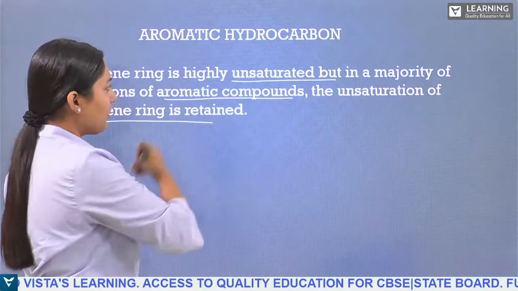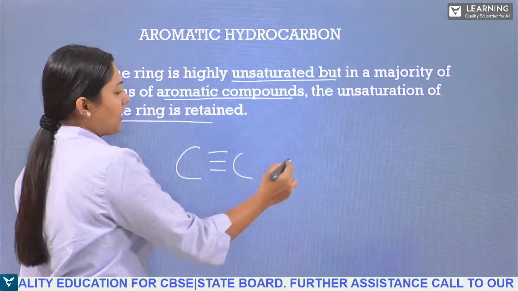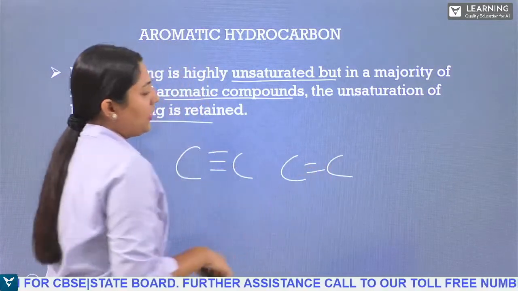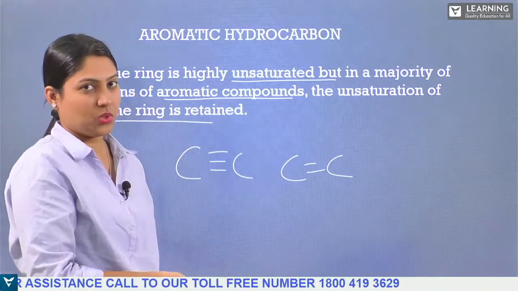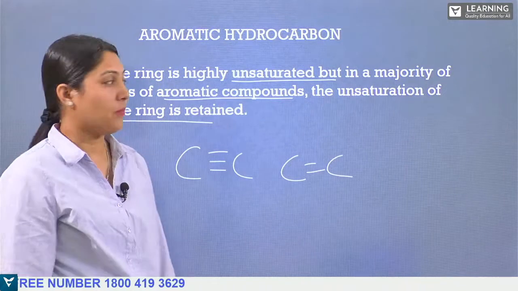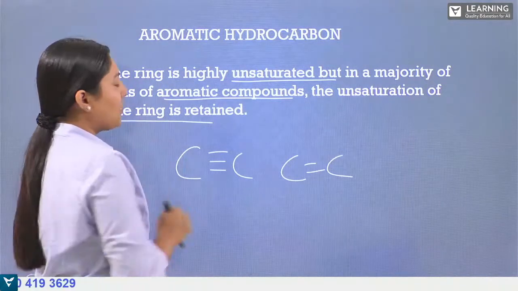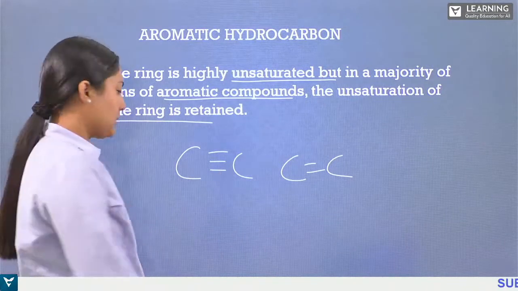That means whenever we undergo a reaction, if there is a carbon-carbon triple bond or a carbon-carbon double bond, they will react, either by substitution or addition reaction, and give you the products. But the benzene ring is more stable than the alkyl groups.